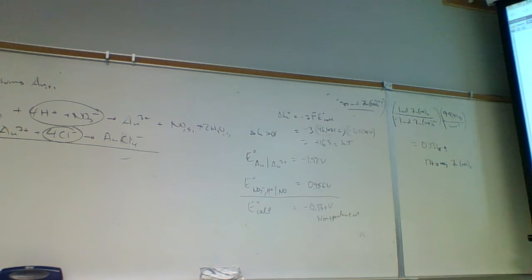And so usually here we use aqua regia. Aqua regia is a mixture of nitric acid and hydrochloric acid. The purpose of the nitric acid is to oxidize the gold 3. The purpose of the hydrochloric acid is to complex it.